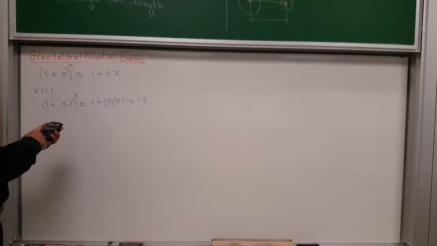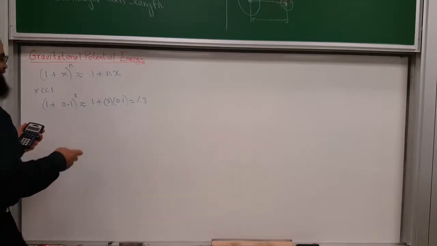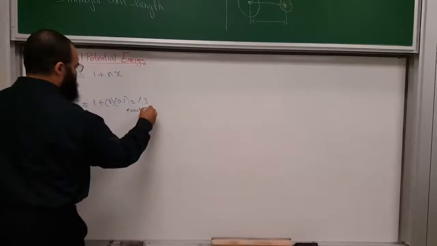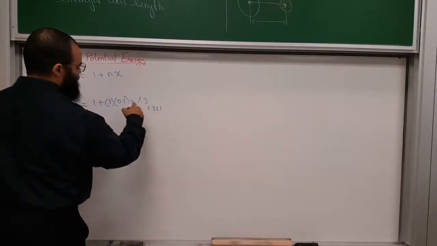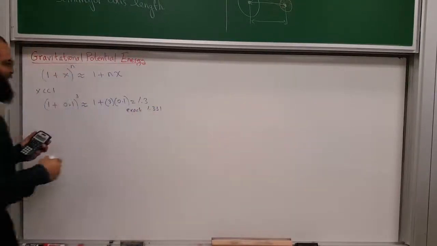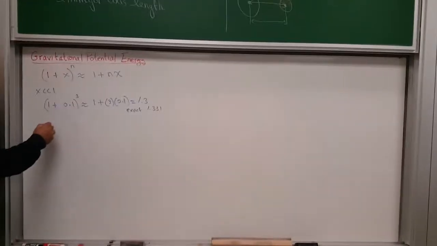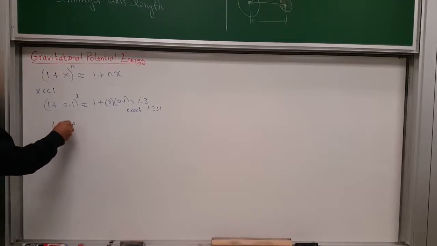So 1 plus 0.1, let's get the exact answer, and then I want to cube it. It says the exact answer is 1.331. You might say, well, this is not very good. But if this were 1 plus 0.01, it would be a much better approximation.